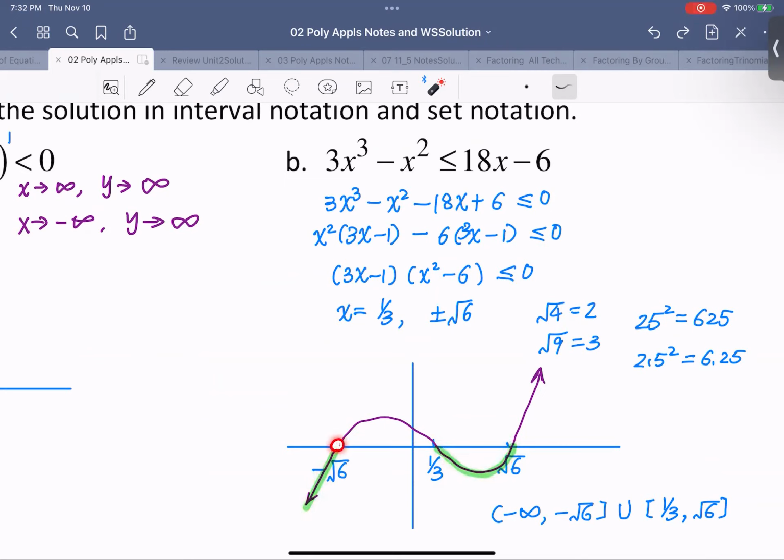That point you can reach it. So you have from negative infinity to negative square root 6. You can reach it, so you put close. And then you do from positive 1/3 to positive square root 6. These two positions are also okay, because you have the equal sign. So you will put 1/3 to positive square root 6. Okay.